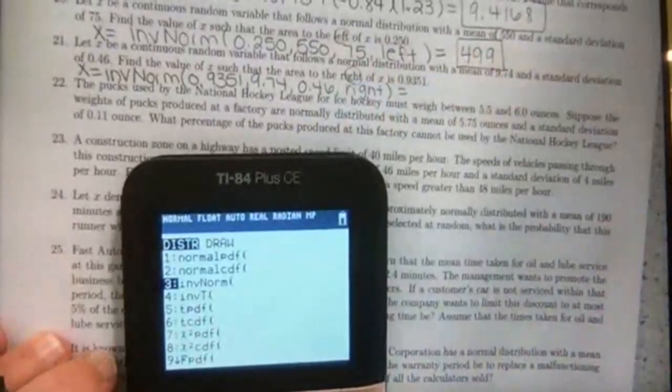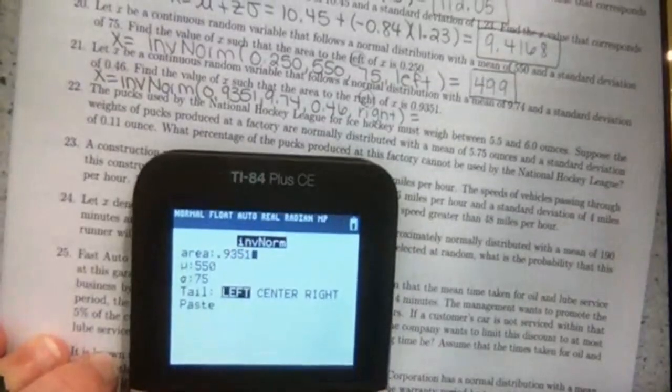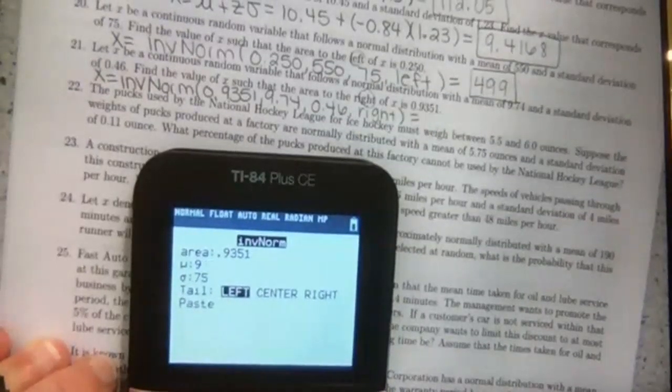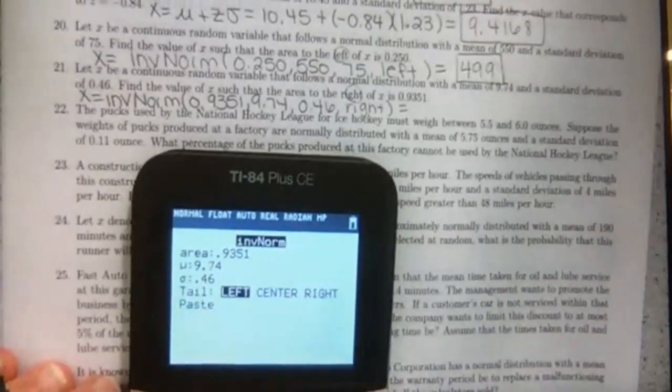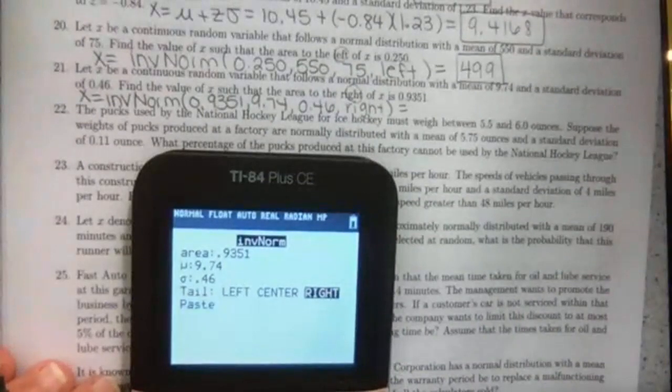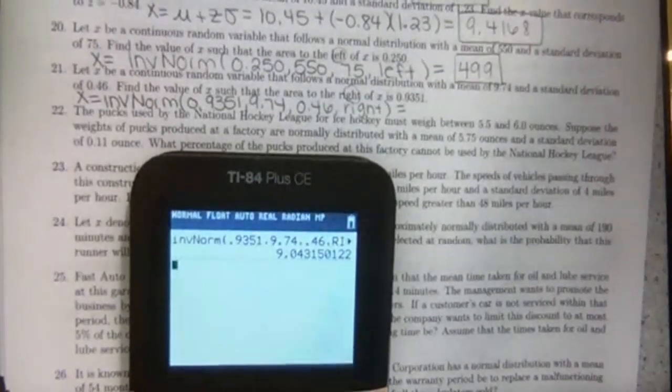Second bars, inverse norm, 0.9351. Our mean is 9.74. Our standard deviation is 0.46. And our area is area to the right, so we have our right tail, which would give us 9.04315, and so on.